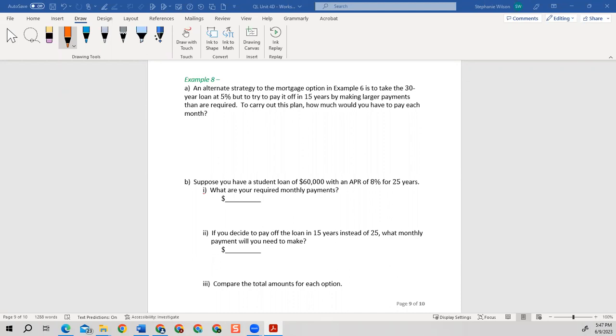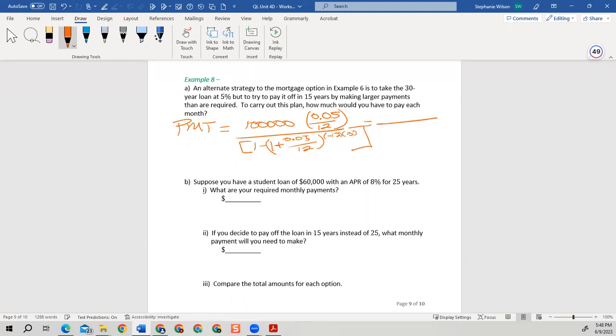So let's try this. Let's use our formula. Our payment: we have $100,000 on that loan that we borrow at a 5% interest, with 12 payments per year, times 1 minus the parenthesis of 1 plus this fraction, all raised to a negative 12 times 15. So type it in the calculator.